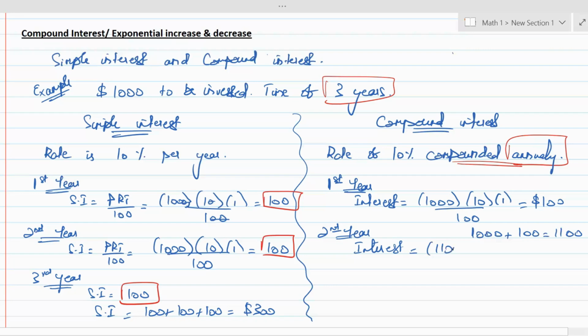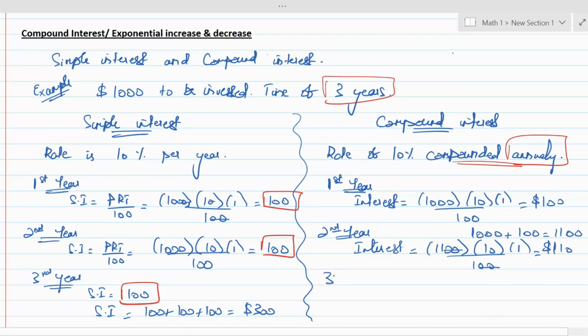So $1100, rate 10, time 1 year, upon 100. Two zeros cancel two zeros, 11 into 10, and we get 110. This was for the second year.